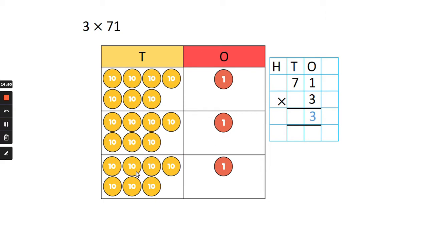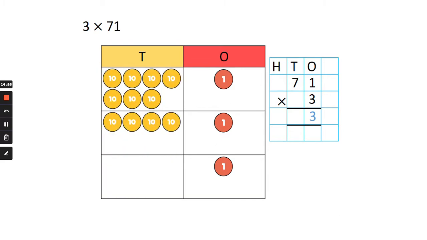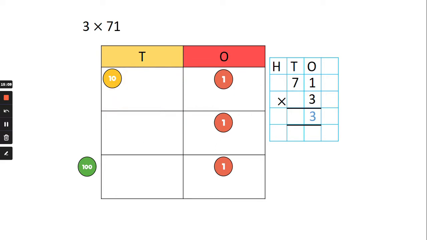I'm going to take 10 of my tens counters and exchange them for one 100s counter. But I still have too many tens counters. So I'm going to take another 10 tens counters and exchange them for another 100 counter.